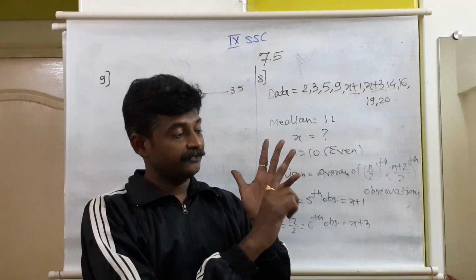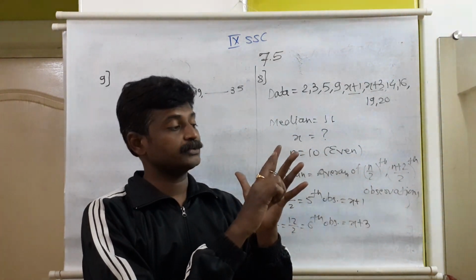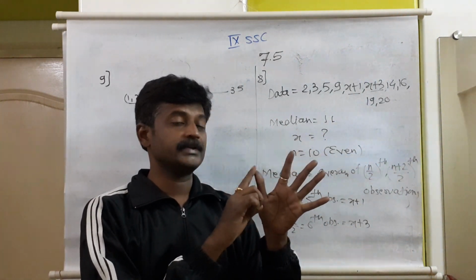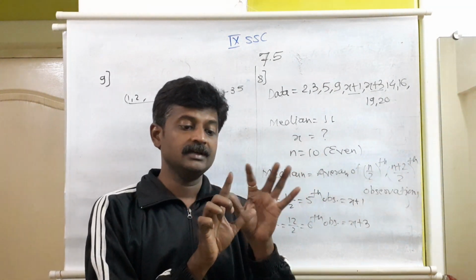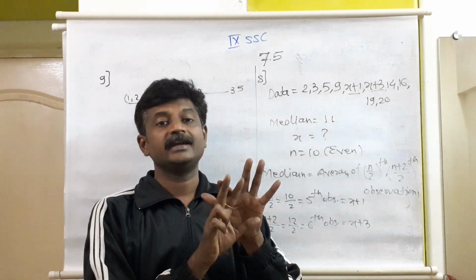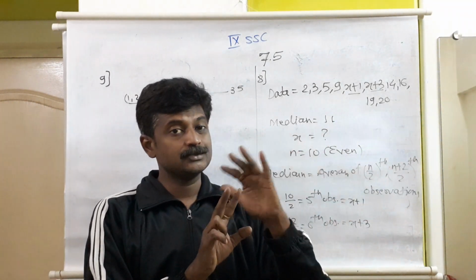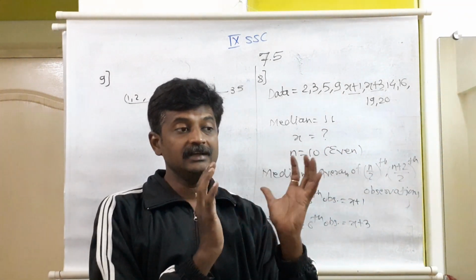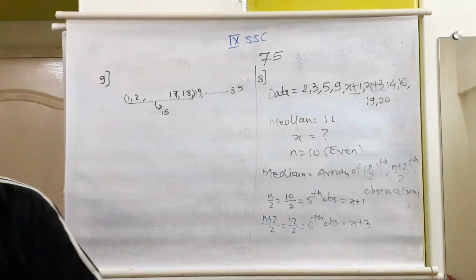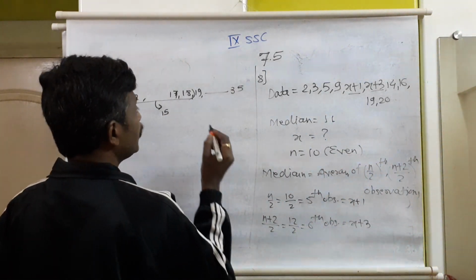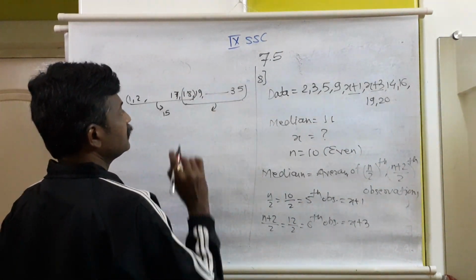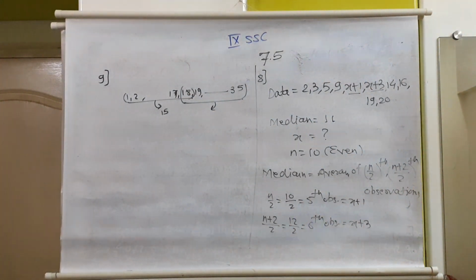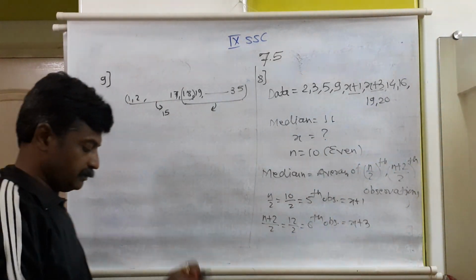Then 25, 24, 23, 22, 21, 15 observations are completed till 21. Then 20, 19 and 18, that means 35 down to observation number 18. These are the last 18 observations. If we consider the last 18 observations, their mean is given. That is the third information in question number 9.